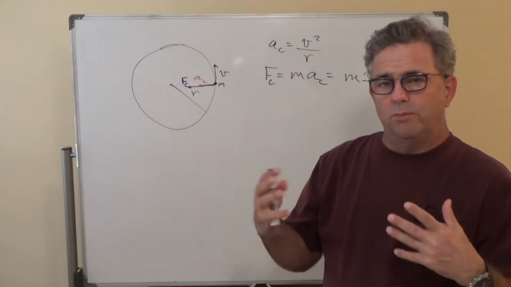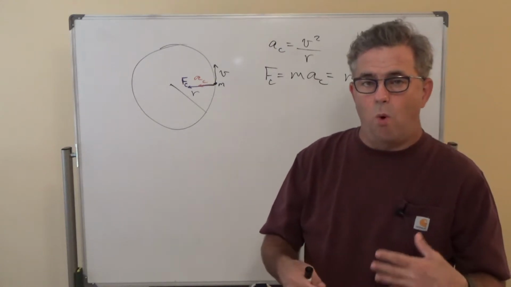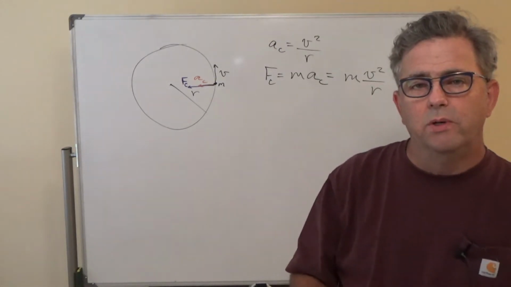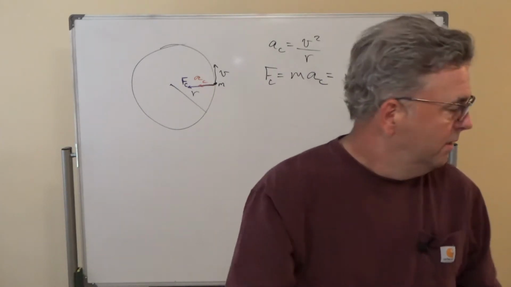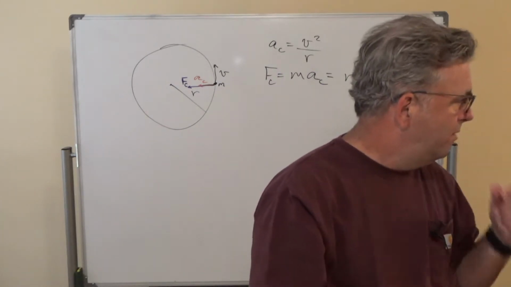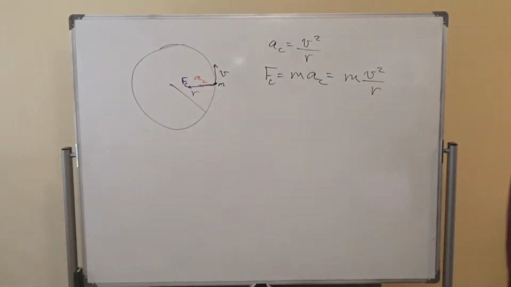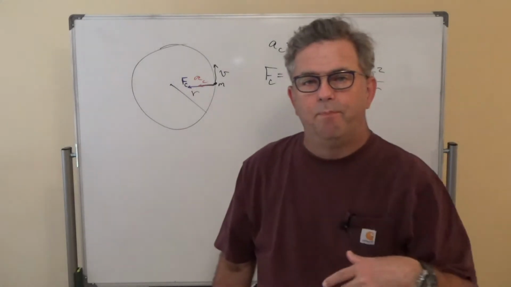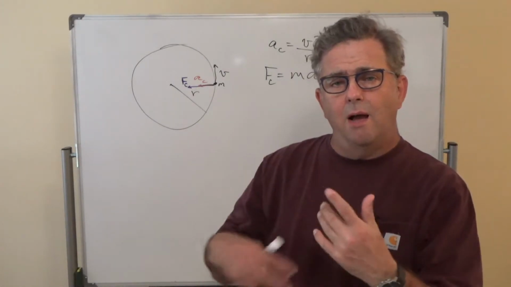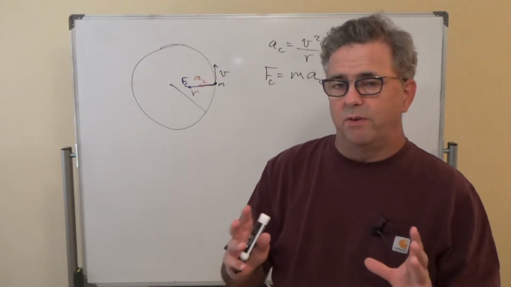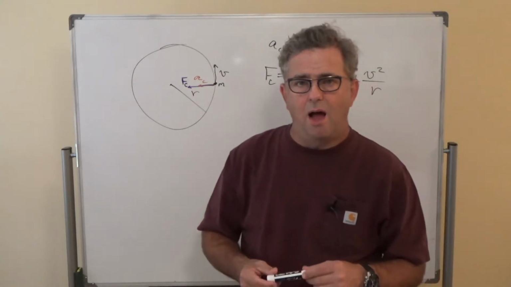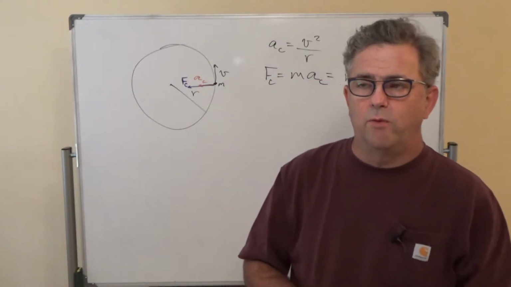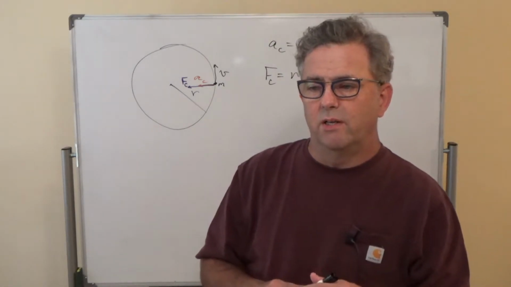Objects moving in circles do require quite a lot of force to keep them going in a circle. I'm going to do a calculation in a second. I think I left my calculator in the house again. Anyway, rotating objects, especially small objects rotating very quickly, require a large amount of force to keep them moving in a circle.